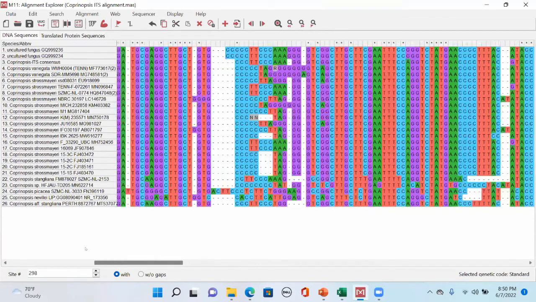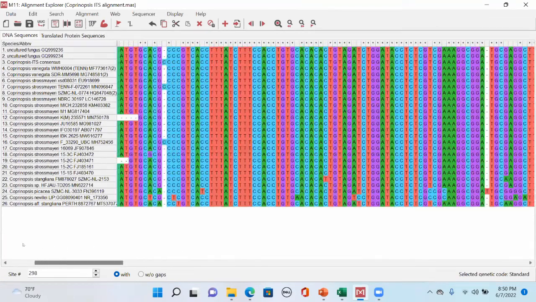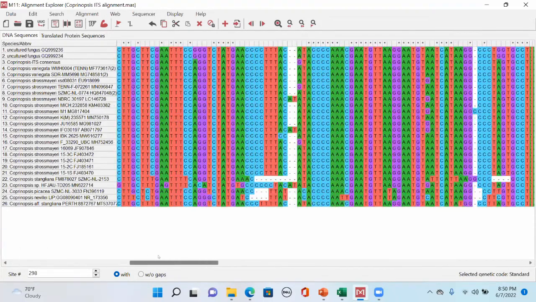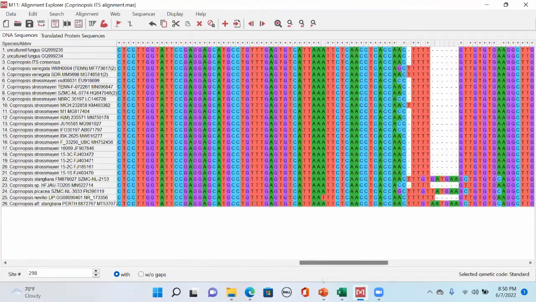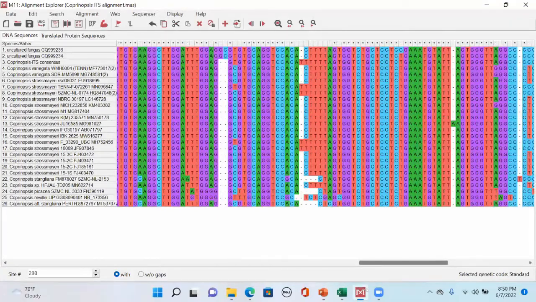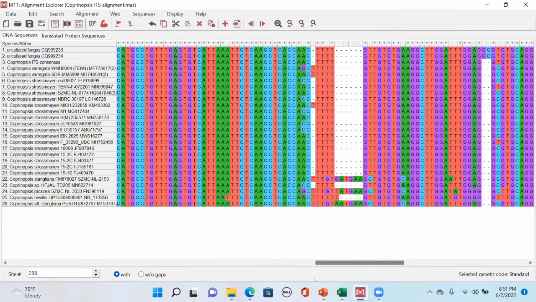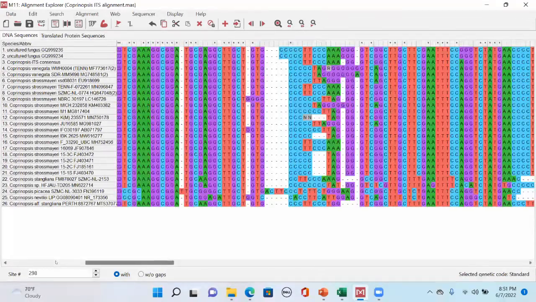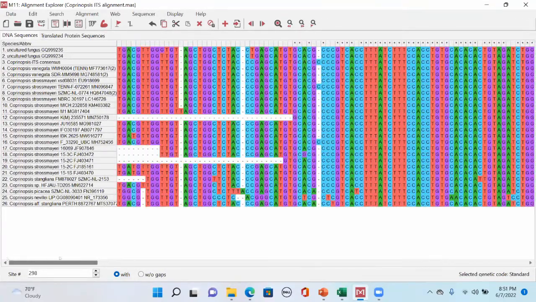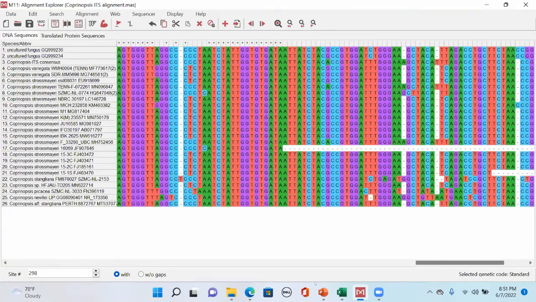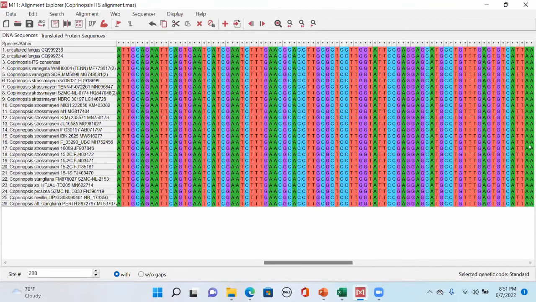The ITS 1 is over here, and you can see all the white spots and all the different colors, and that shows the mutations. On the other side is the ITS 2, and you can also see the white areas and the different colors. So what you want is something that covers all the way from ITS 1 across to ITS 2 and lets you really know your percent match.